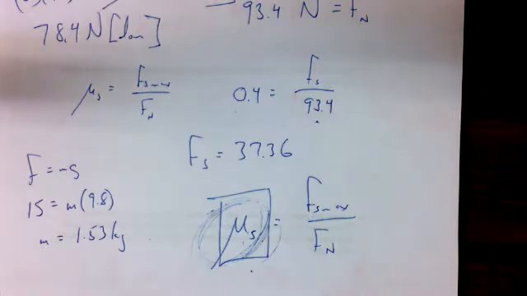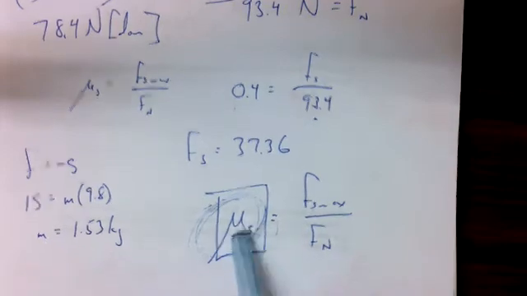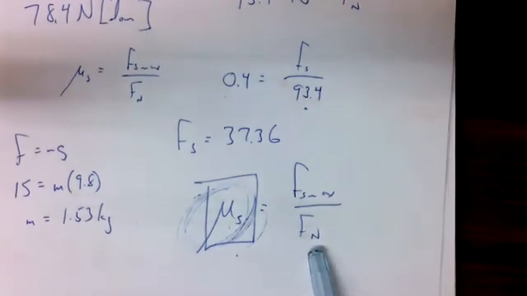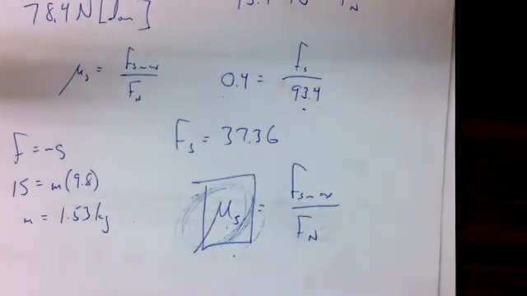Now, if your sister jumps on your back, I'm going to have to pull harder. This doesn't change, but the normal force has changed. There's more pressure between the two surfaces. So the forces change, but the ratio between them stays the same. Exactly.